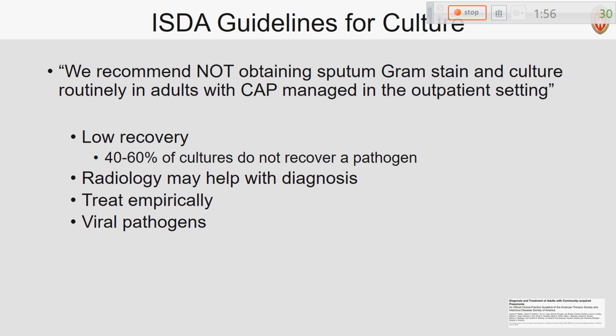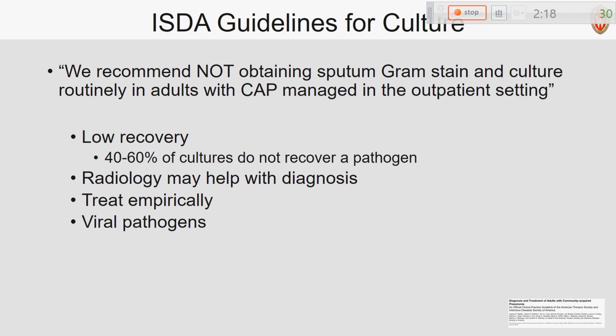Radiology may help with diagnosis, and then always look towards viral pathogens as well. This is the same scenario we had with urine cultures: these guidelines are not necessarily for the laboratory. They are for the providers, who most likely may not adhere to them, so we get all sorts of stuff in the laboratory.